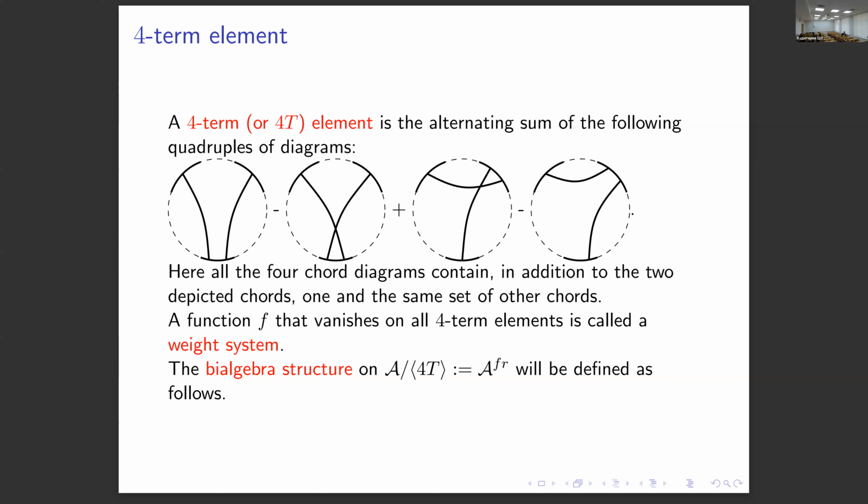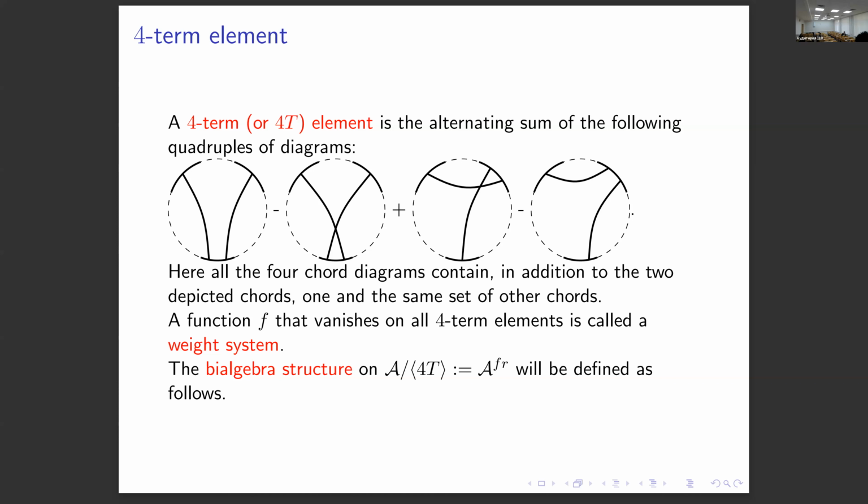A function f that vanishes on all Fortune elements is called a weight system on the chord diagrams. And this chord diagram space has a bialgebra structure.